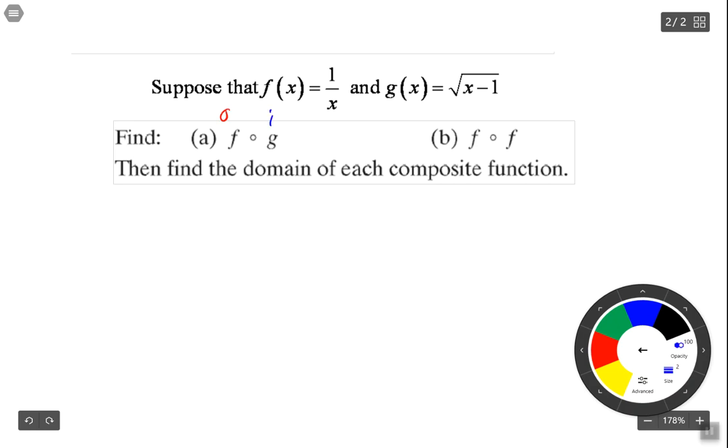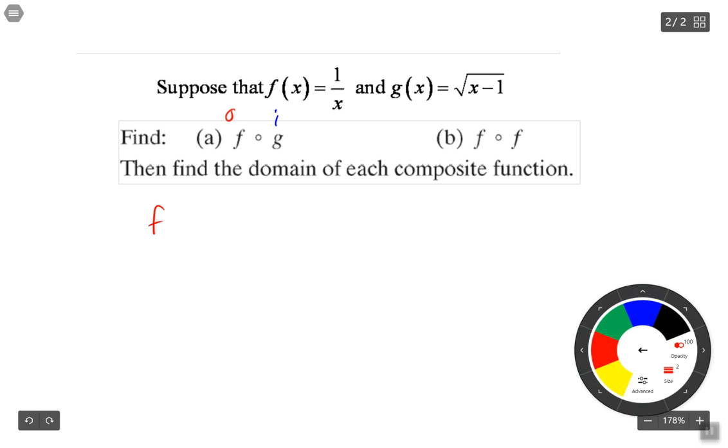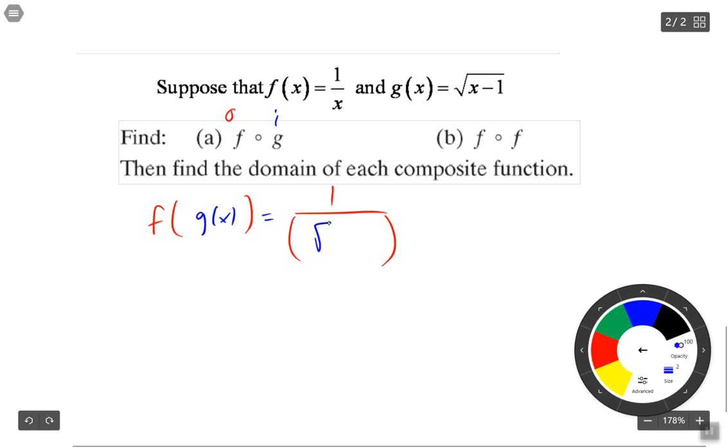I'm going to start with F, and then I'm going to put the G of X inside. Is this what we're doing? So F is 1 over stuff, and G is the square root of x minus 1.